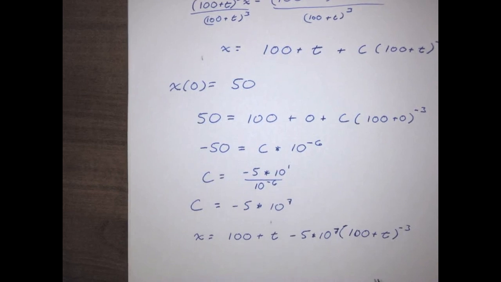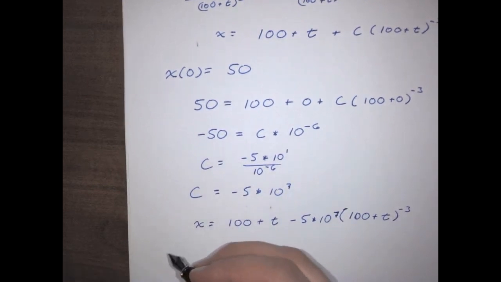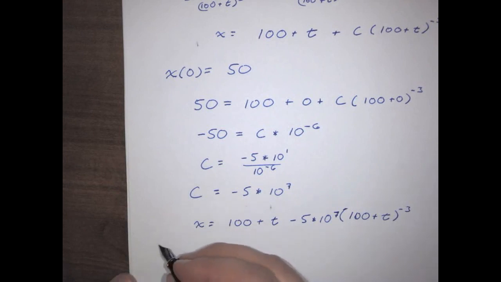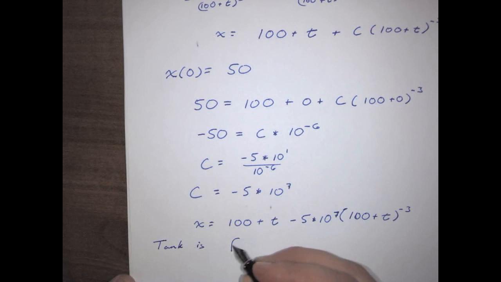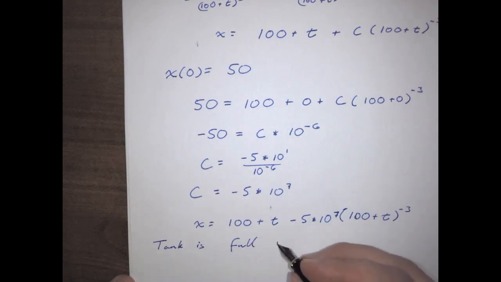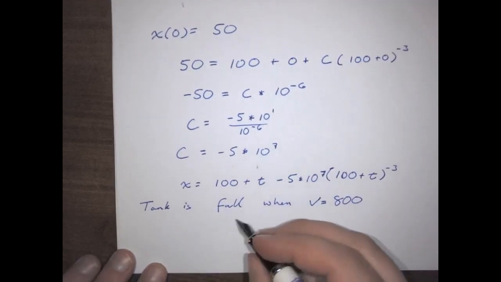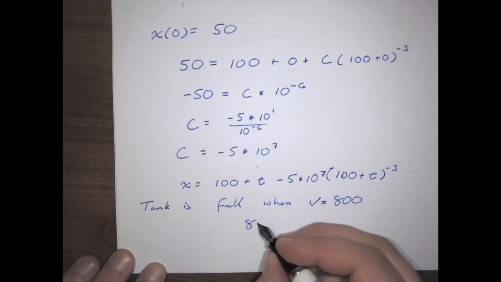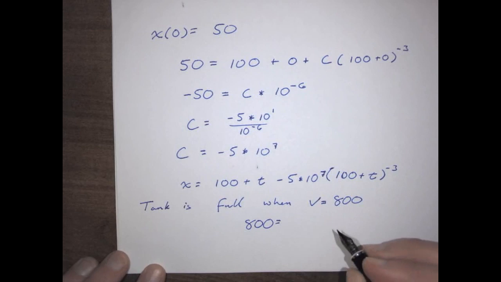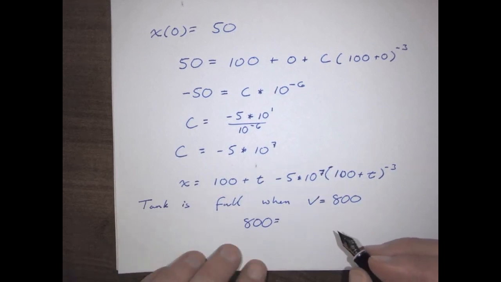And now, if we want to figure out what the volume of the tank is going to be once the tank is full, so tank is full when V equals 800, which means, in other words, that 800 is going to equal, what was the initial one?